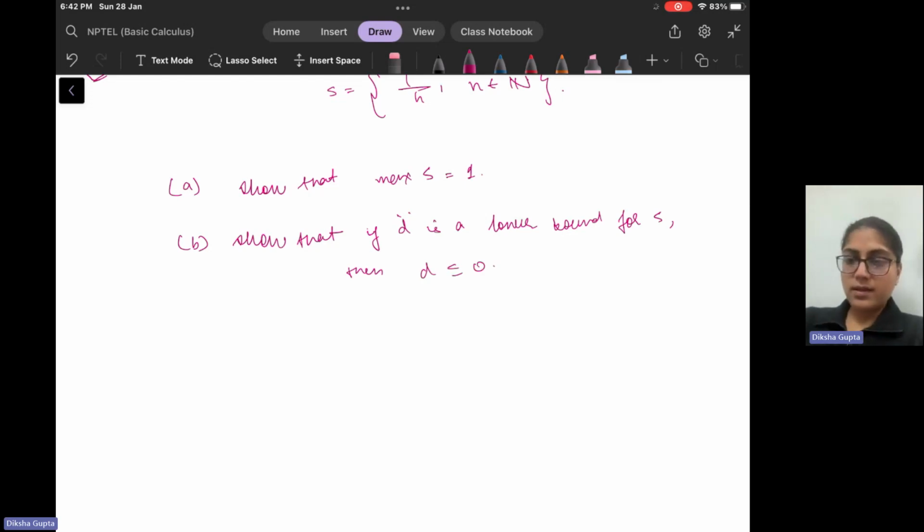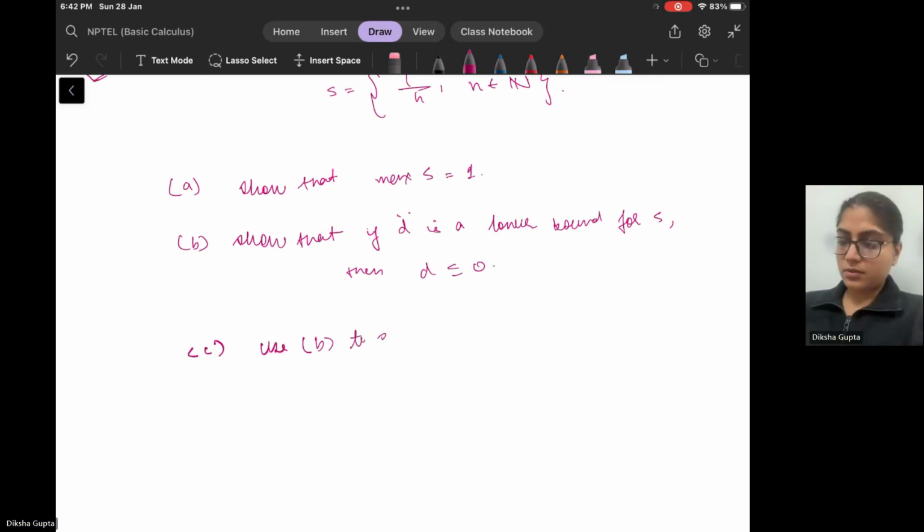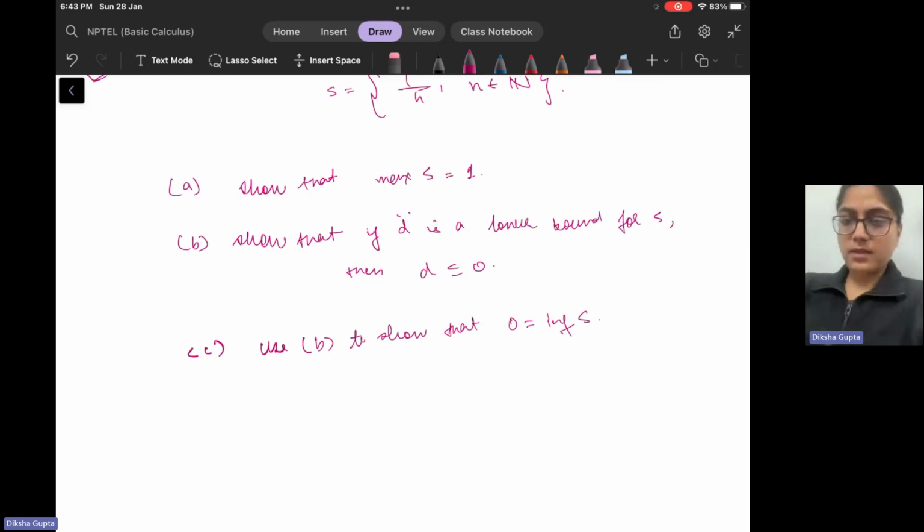What do you mean by lower bound? That any element of the set will be greater than this number. And lastly, use the above part to show that 0 is the infimum of the set. What is the infimum?